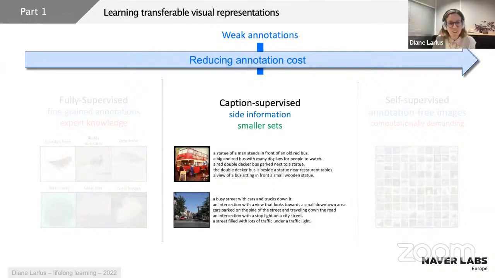So lifelong learning is a term that is used in machine learning indeed. And it's a recent research direction, I would say, for learning models. So it's really something that applies to statistical models, right? For making predictions.